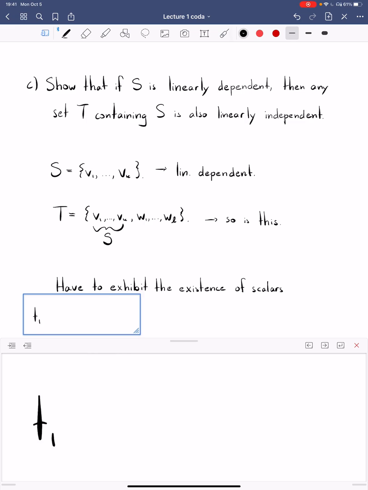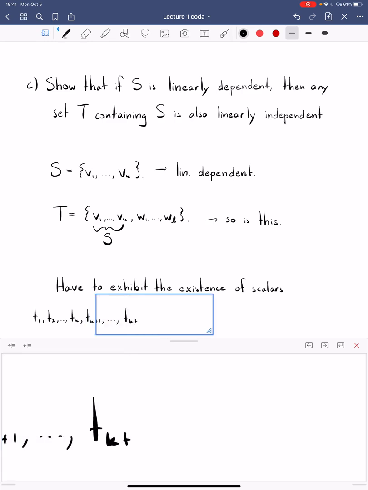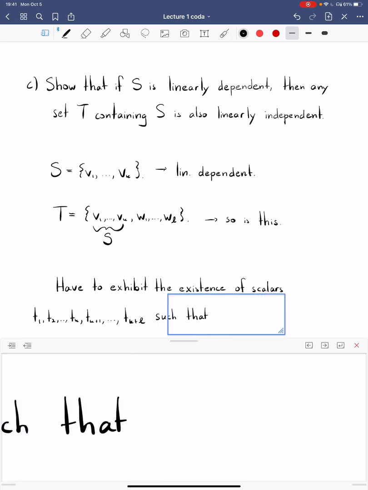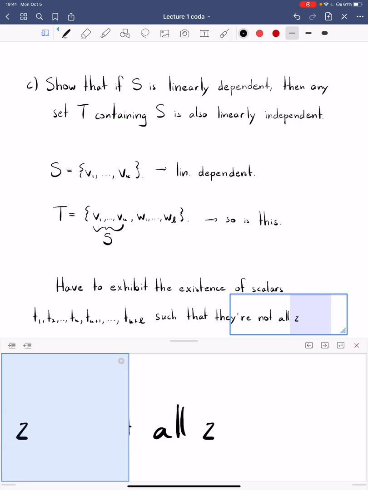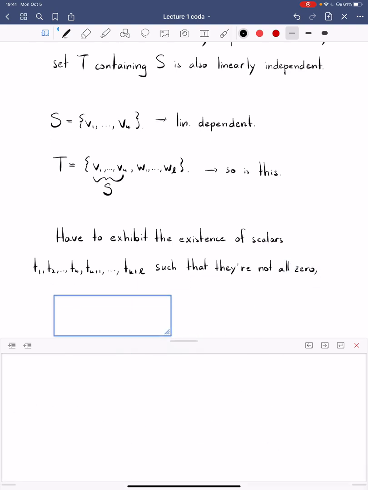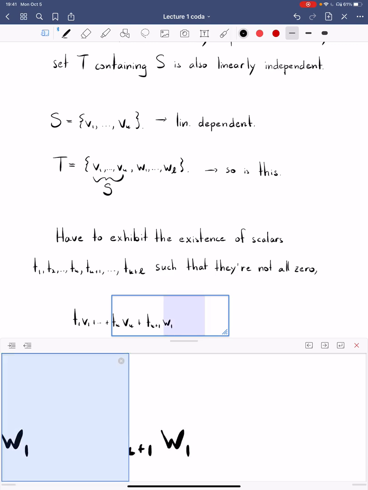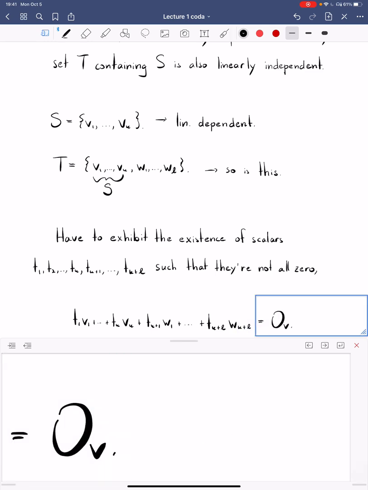So t1, t2 up to tk, and then tk plus 1 all the way out to tk plus l, such that they're not all equal to 0, and yet t1 times v1 plus all the way up to tk times vk plus tk plus 1 times w1 plus up to tk plus l times wl is equal to the 0 vector.